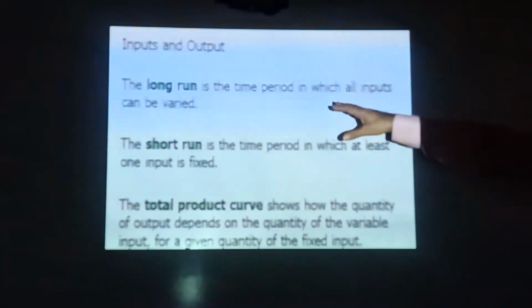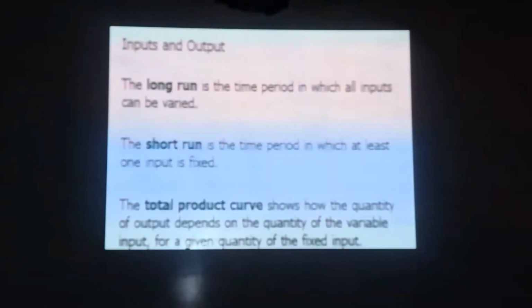The long run is enough time for producers to increase the variable inputs, and even change the fixed inputs.